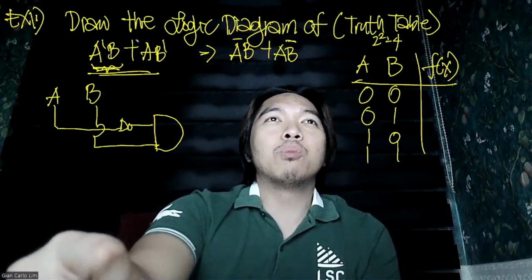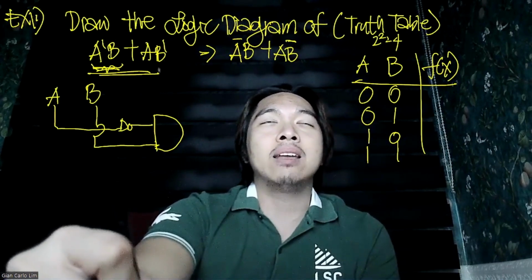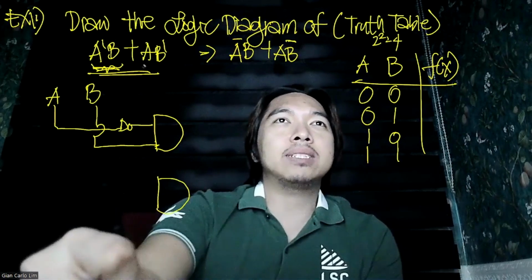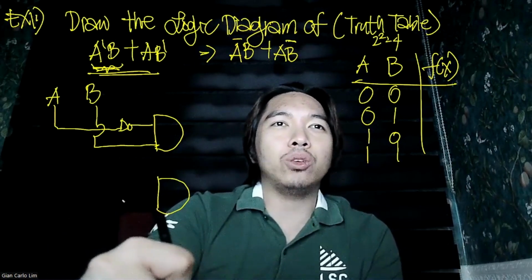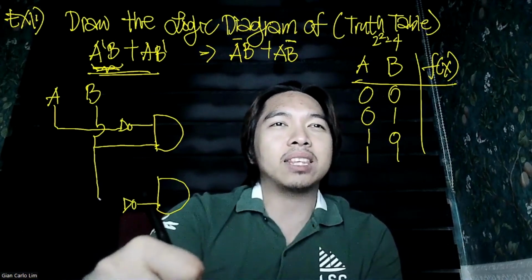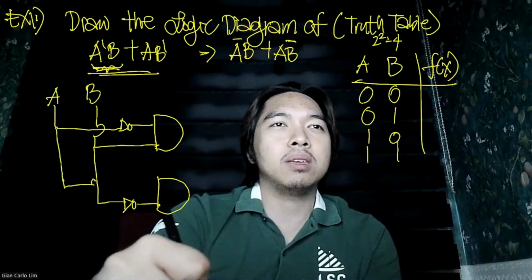After that, don't mind the plus operations yet; look at the products first. We still have one more, where we need to invert the other input, which is B. So we tap it here, and A would then be this one.